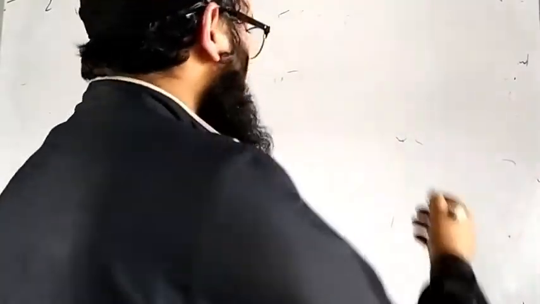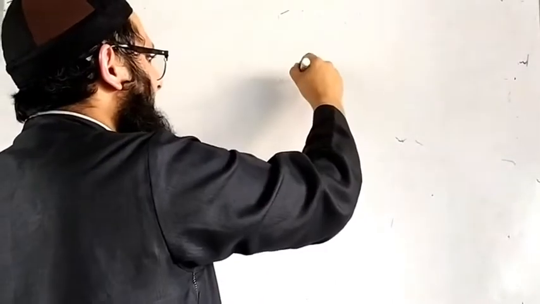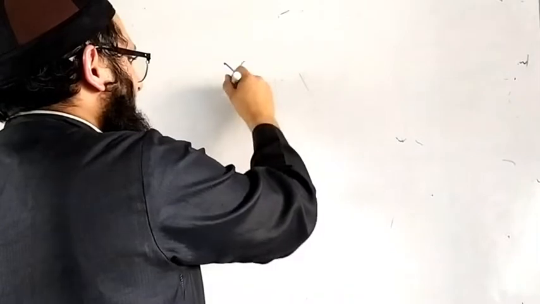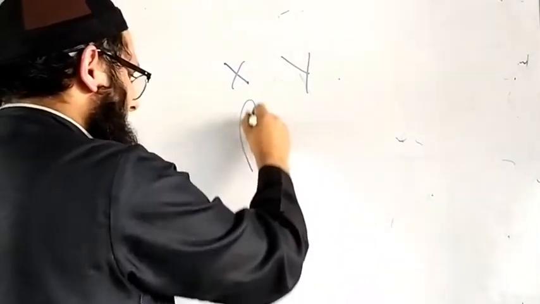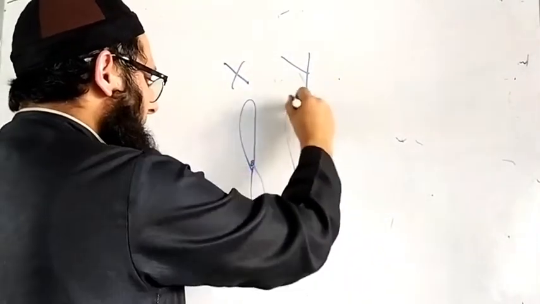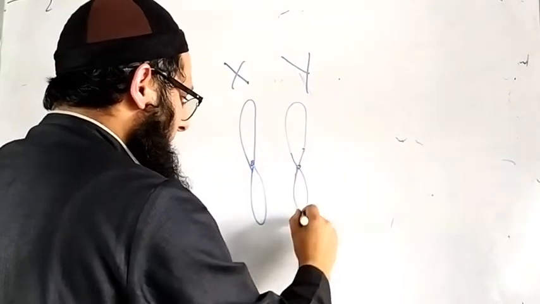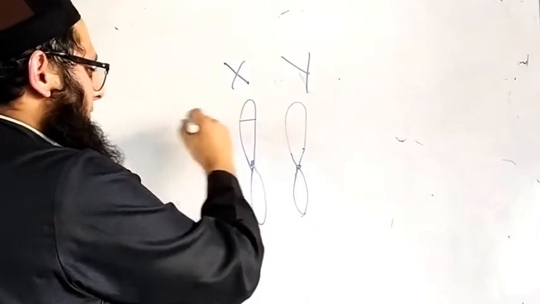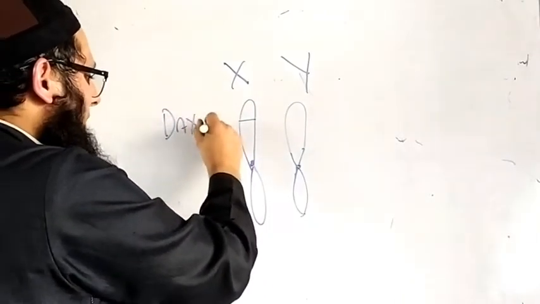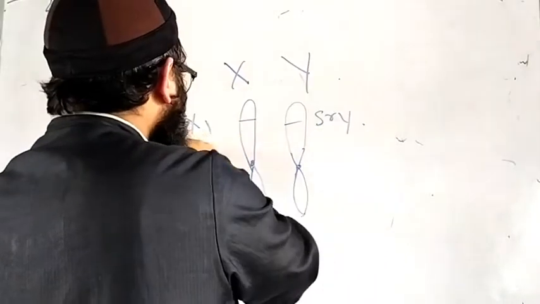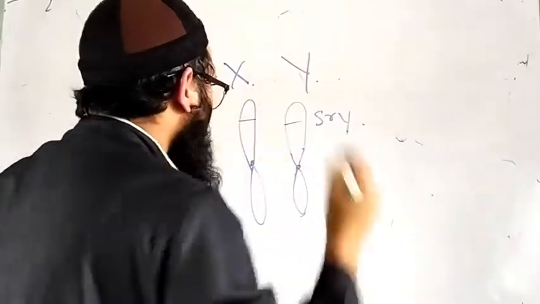When their sex cells were studied, they came to know what had happened. They had XY chromosomes, and Y is a bit shorter. Usually we have the DAX1 gene on X and the SRY gene on the Y chromosome.